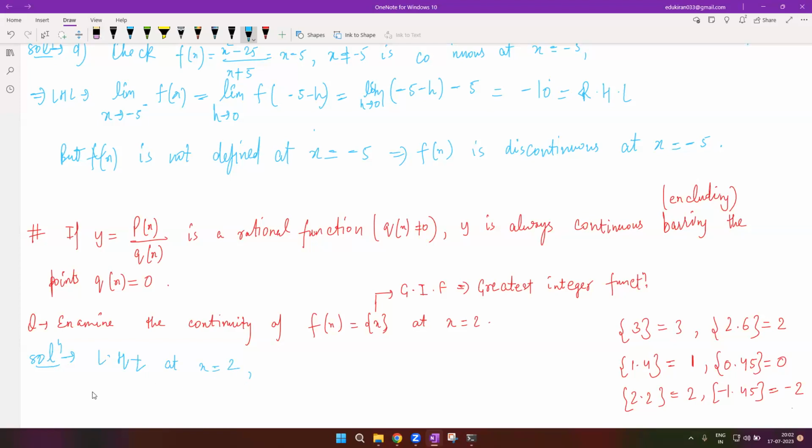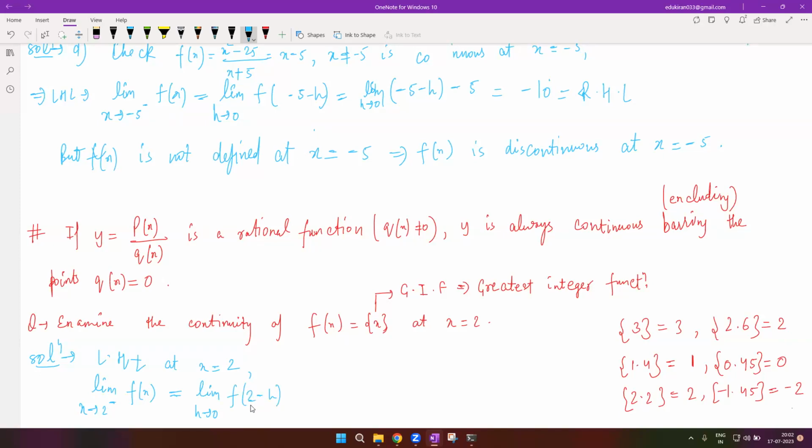So this will be limit x tends to 2 negative, f(x), right? In the next step, I can write limit h tends to 0, and instead of x, I can use 2 negative. What is 2 negative?